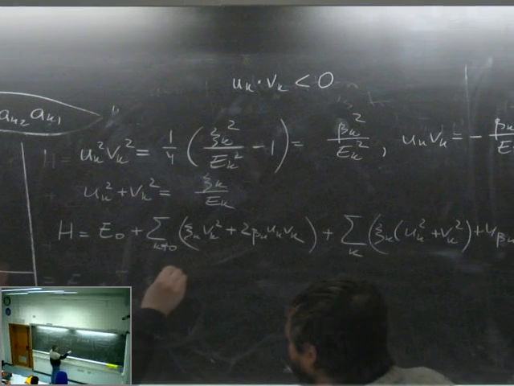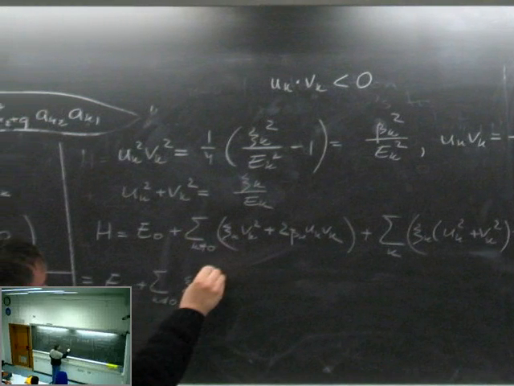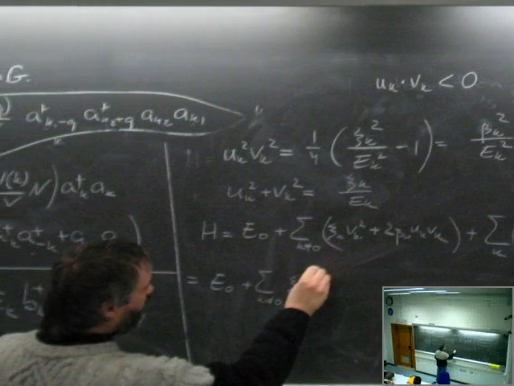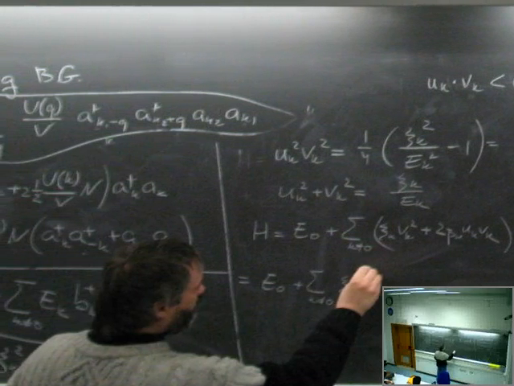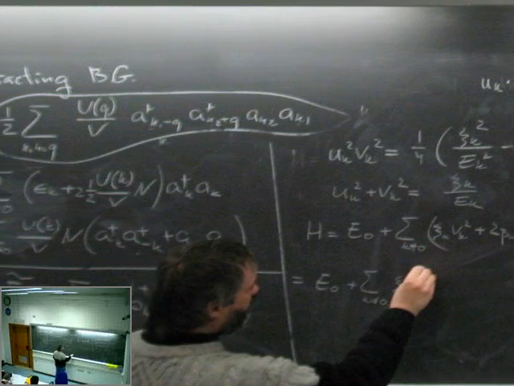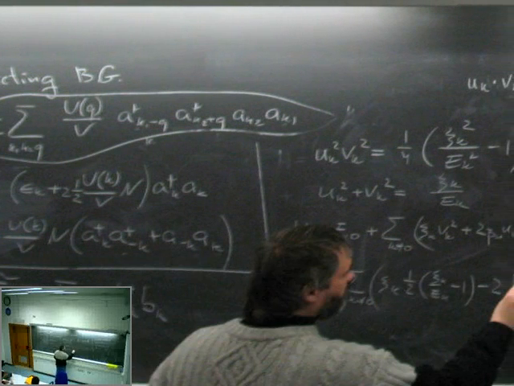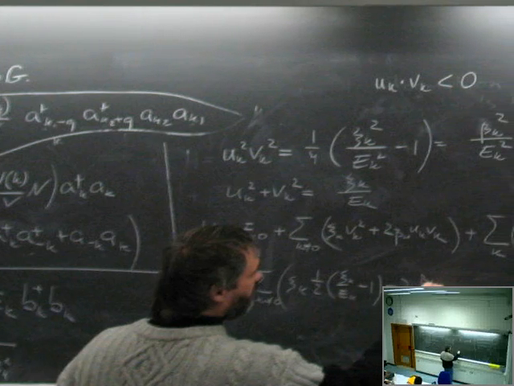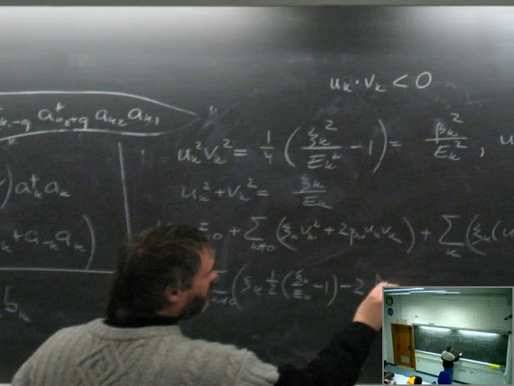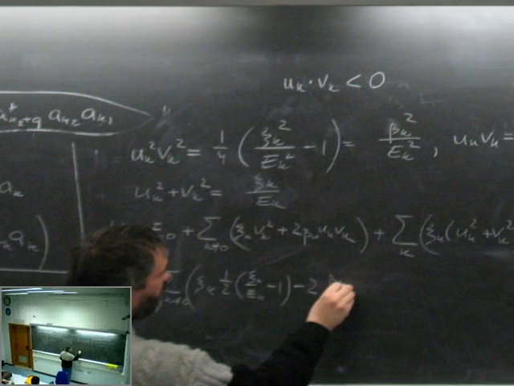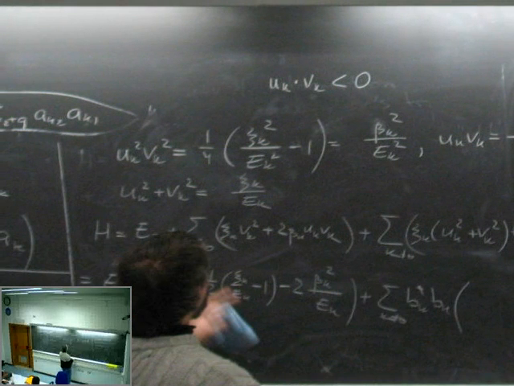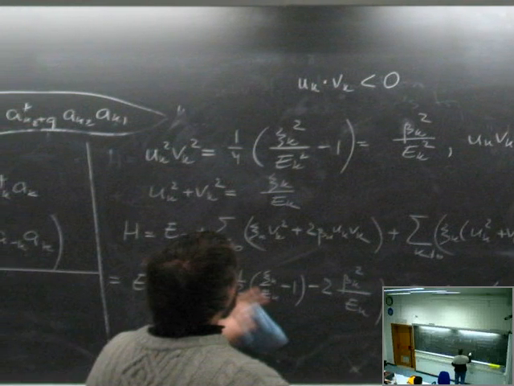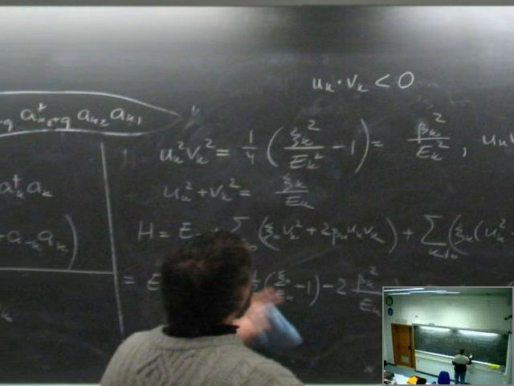Psi k, here I have 1/2 times (psi k over ek minus 1), minus 2 times beta k squared over ek, this is this one, plus the sum over k not equal to 0 of bk dagger bk, and here I have psi k squared over ek minus 4 times beta k squared over ek.